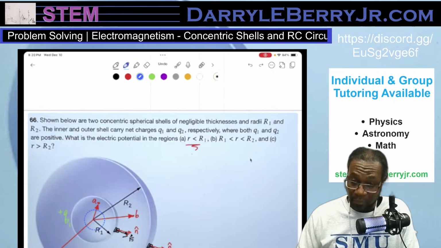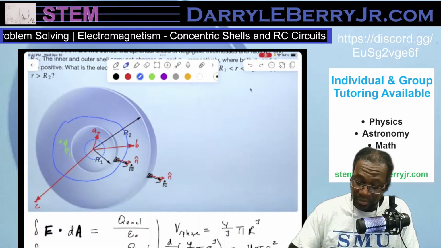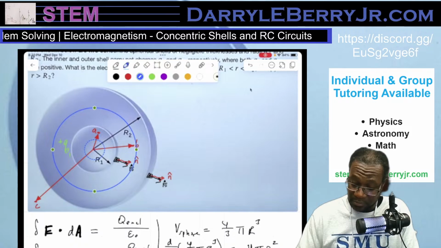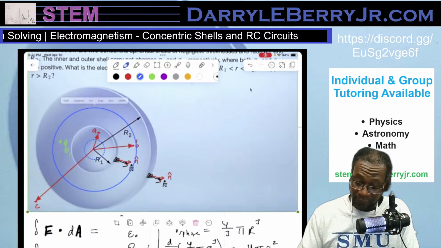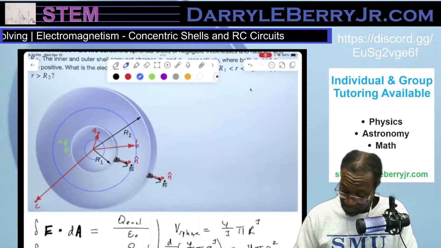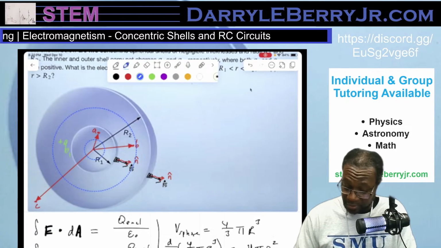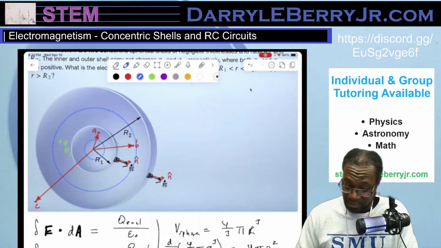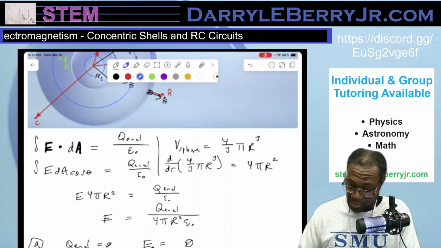The Gaussian surface for the spot B would be here, and you can see it would be containing Q1 only.